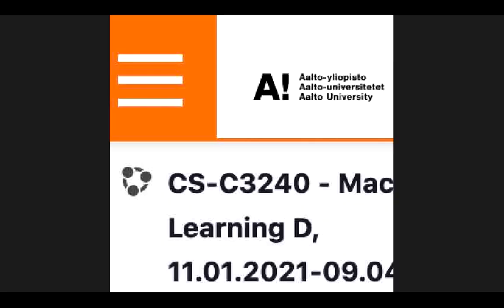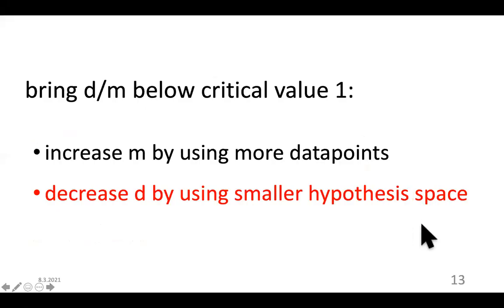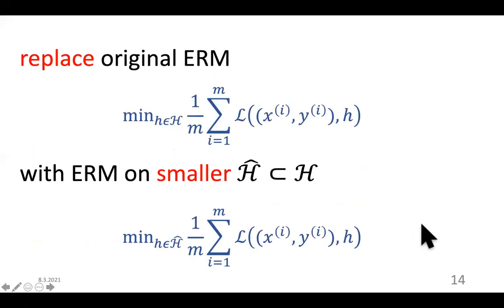Okay, now the second approach. The first approach was to increase the data points. Second approach, make the model smaller: decrease the effective dimension by using a smaller hypothesis space. What does this mean? What I did in Excel, when I reduced the number of features, was the following.